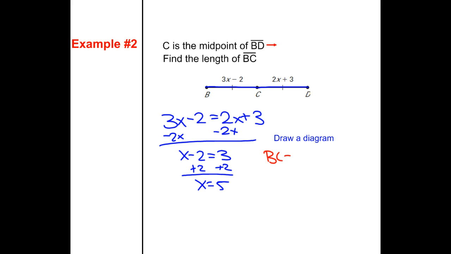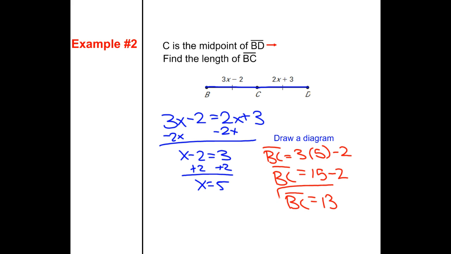BC is going to equal 3 times 5 minus 2, which is 15 minus 2, so BC equals 13. Now we can do a quick check. Let's plug it into CD: 2 times 5 plus 3, 2 times 5 is 10, plus 3 is 13. We got the right answer because they should be the same.